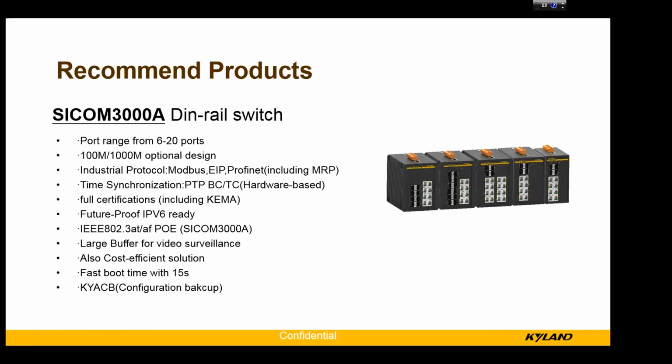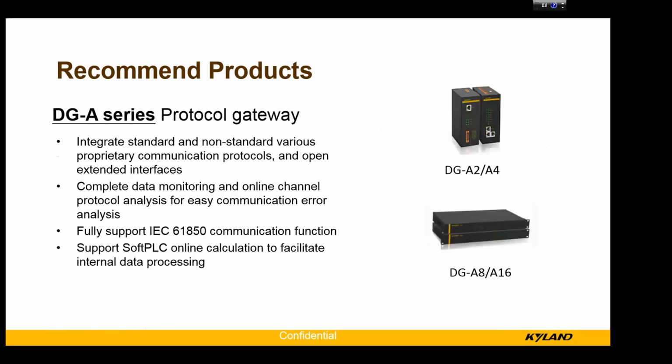And for the access level switch, you can use the 63000A. And actually, 63000A can be used in all the applications since it is powerful on the software and the hardware. And these industry protocols are also supported. And also, we can use the DGA series gateway to do the protocol conversion, and also to do the software PLC calculation in this device.